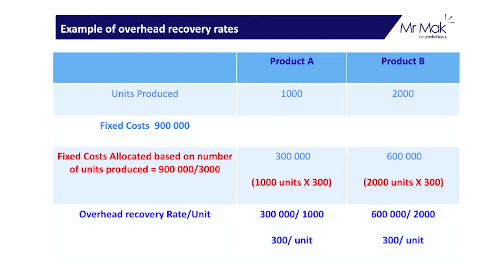Similarly, for product B, there are 2,000 units that are produced. We are allocating 300 of fixed costs to each unit. Therefore, in total, the fixed costs allocated to product B are going to be 600,000.